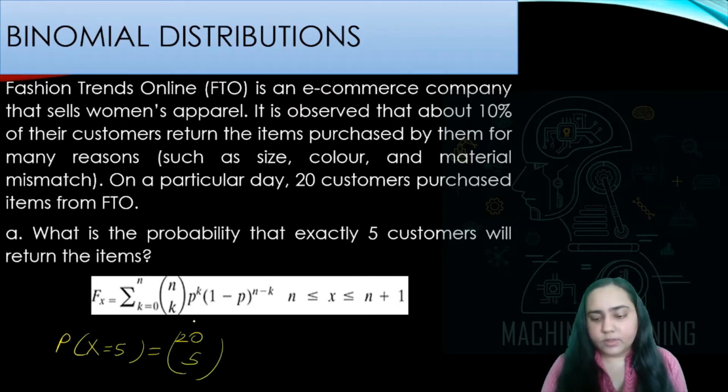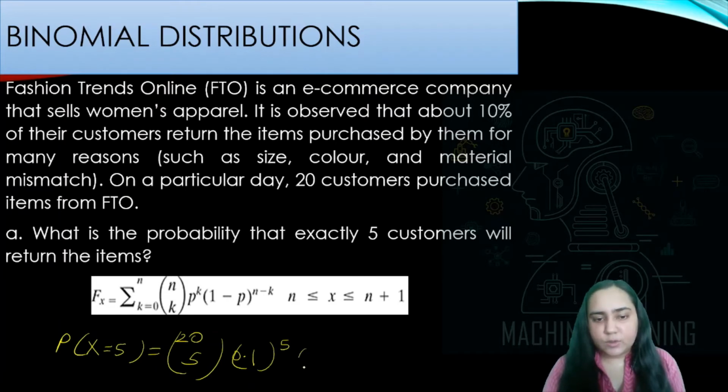Now, small p is going to be the probability of people returning the item. Returning the item in this case is 0.1, because we are given in the question that it is 10%. So this is 0.1 raised to k, and the value of k is 5. If the probability of returning the items is 10%, then the probability of not returning the items would be 90%.